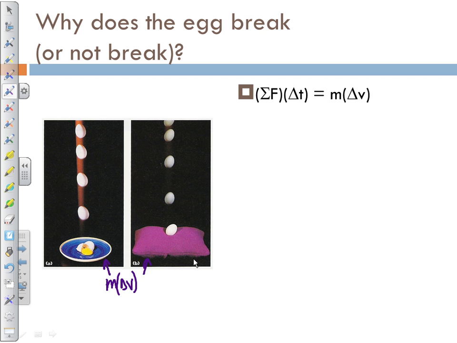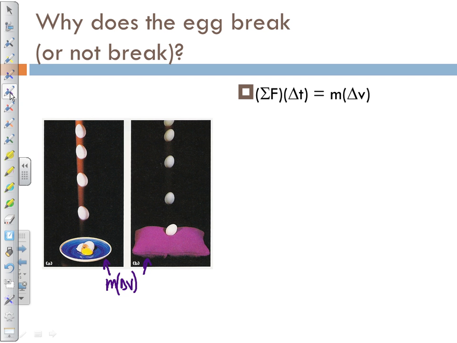Right? Okay? But when it hits the plate, how long does it take the egg to stop? Pretty short time. Right? There's no give in that plate. It has to happen right away. All right? So, let's go here.